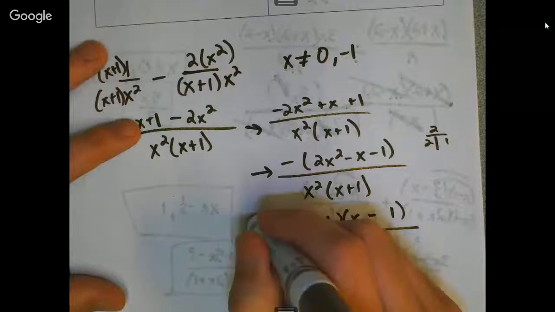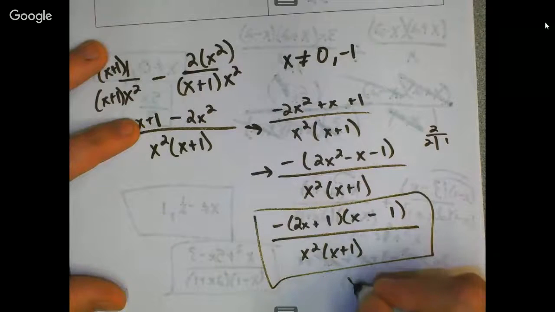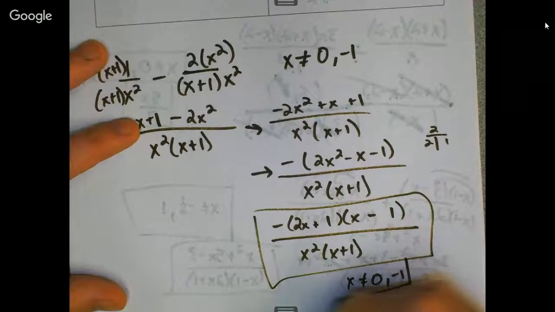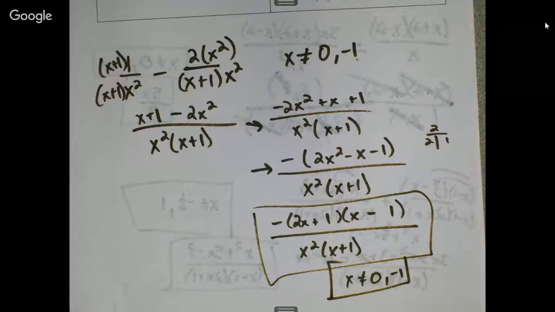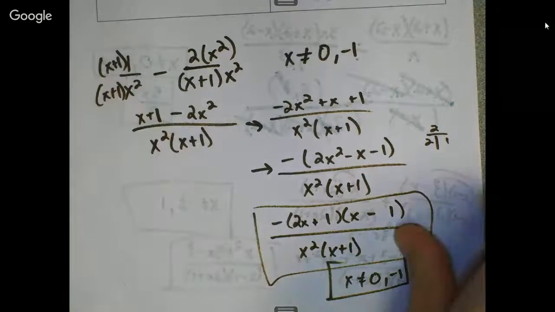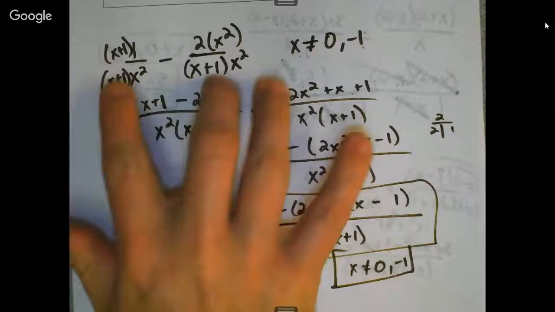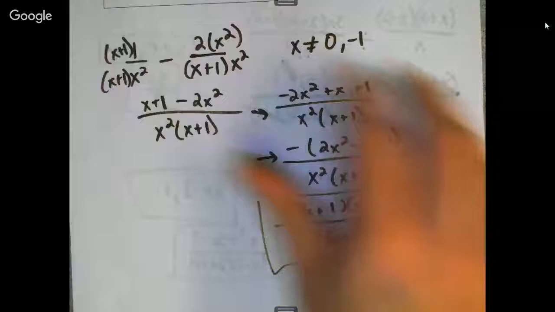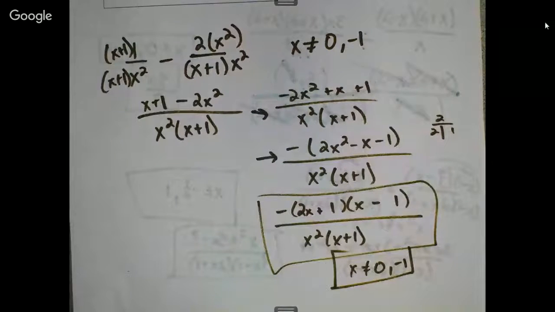No. So that's your answer. And we will put x cannot equal 0 and minus 1. Okay. Be careful on this. Make sure you're factoring out at the beginning, and make sure you multiply all this stuff out, because it does get a little confusing while you're doing that.